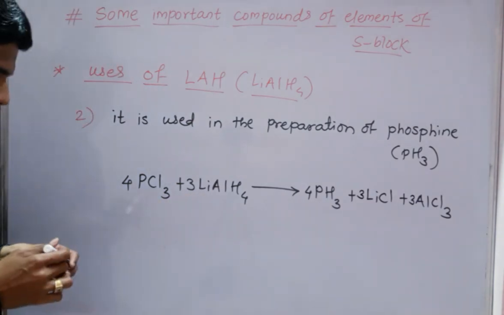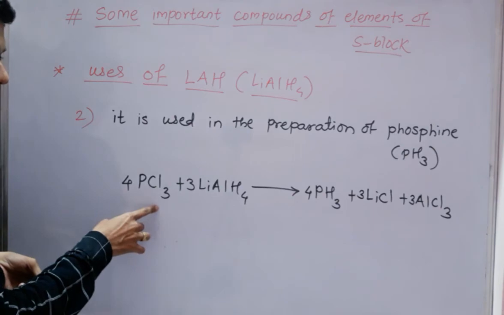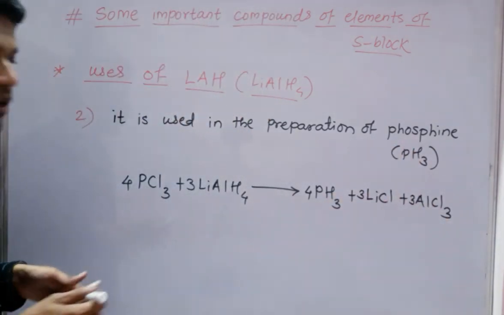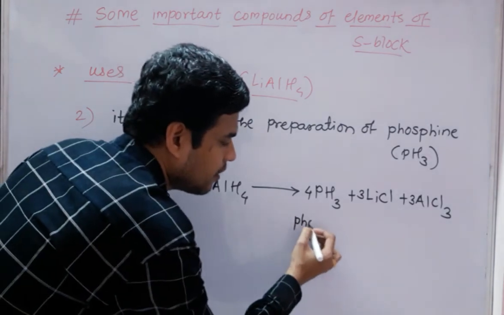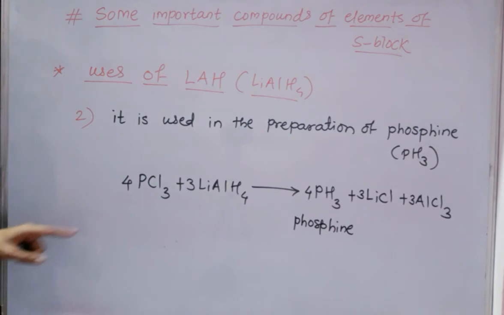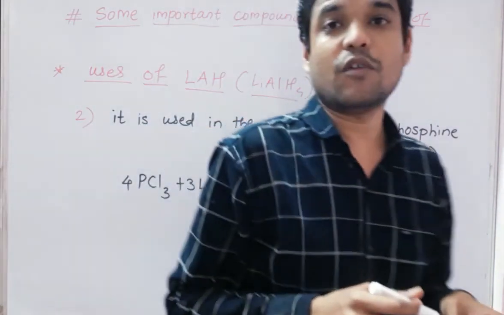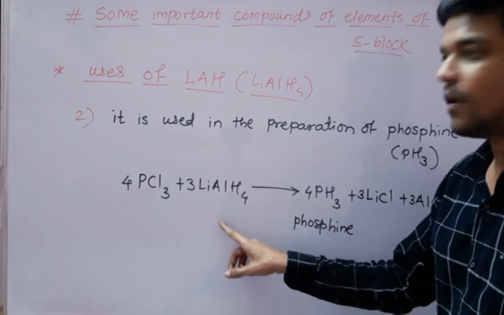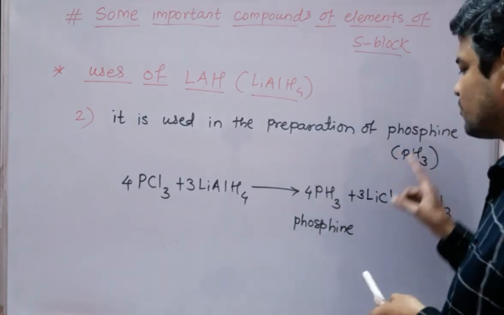Now look at the chlorine, 4 into 3 12, 3 plus 9 12. So in this way you can prepare phosphine by reaction between phosphorus trichloride and lithium aluminum hydride. Okay, so it is used in the preparation of phosphine also.